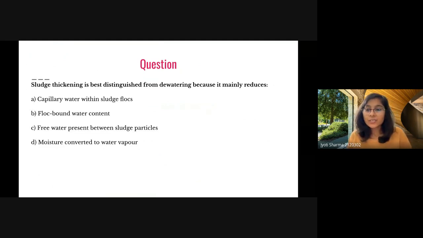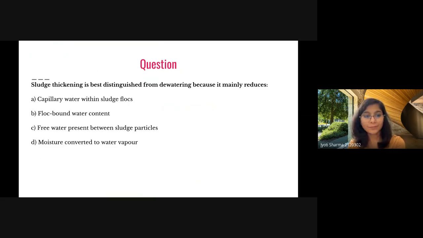How is sludge thickening, that was the first process, different from dewatering? What do you think? What should be the right answer? A little trickier, right? But I think you can tell me. You have that potential.